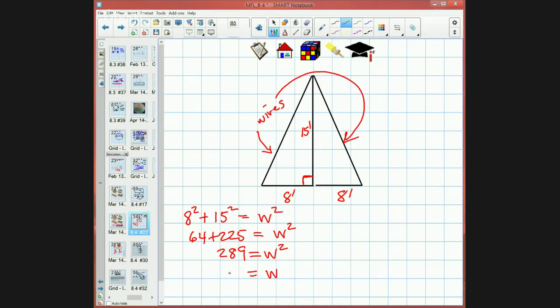Turns out it's a nice even root. So now I know the length of the wire on each side is 17 feet. So how much wire did I need for the whole thing? 34 feet of wire. Hopefully that makes sense. So some of these are kind of like word problems where you really need to make a little sketch.